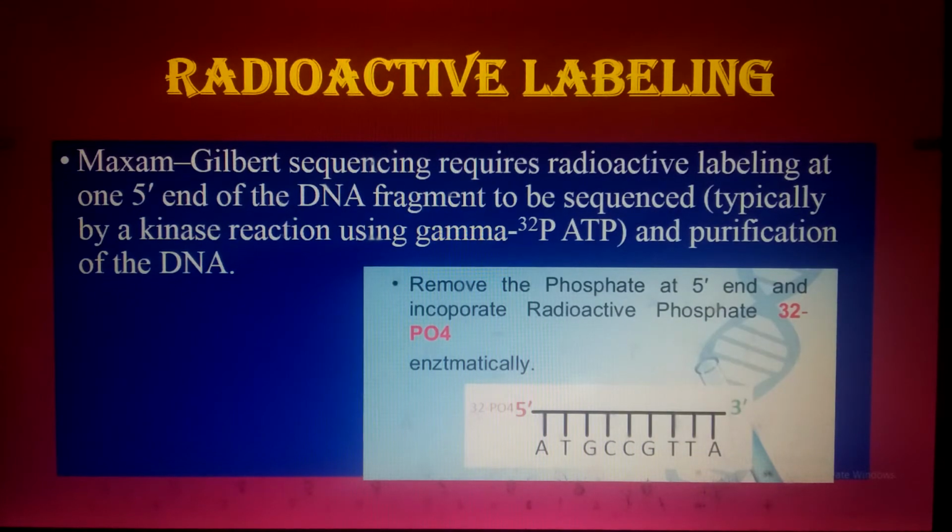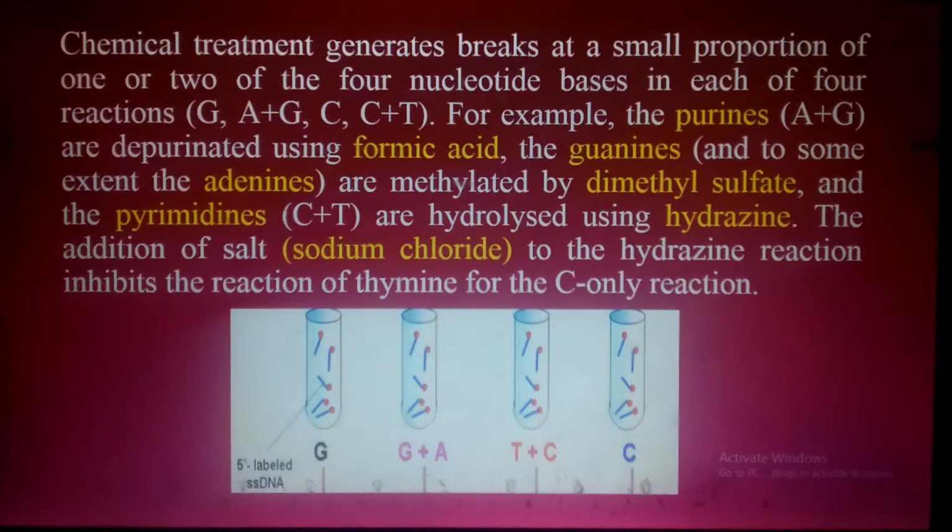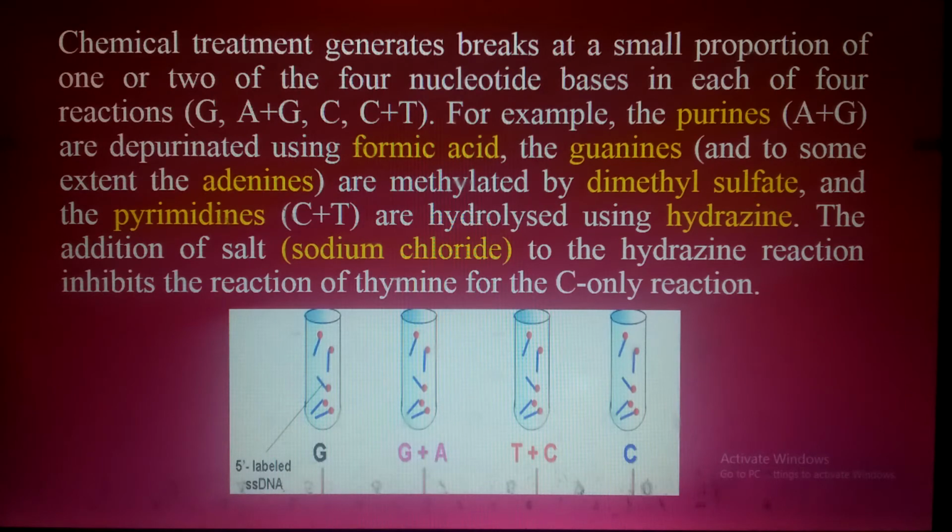Is it clear? Now the chemical treatment is very important and a little bit complex, but it is very interesting, so you must listen carefully. You can easily understand the basic concept. The chemical treatment generated breaks at a small proportion of 1 or 2 of the 4 nucleotide bases in each of 4 reactions. So the Maxam-Gilbert method carried out 4 reactions.